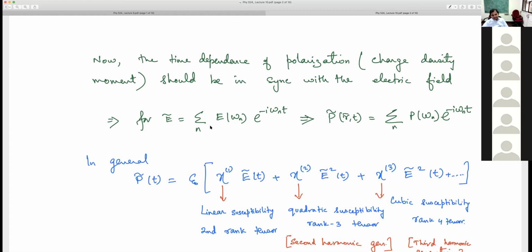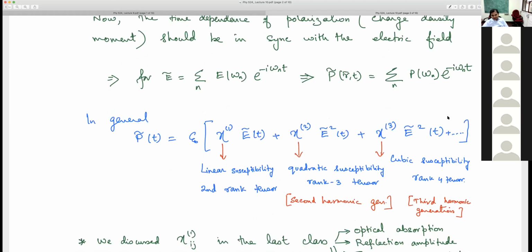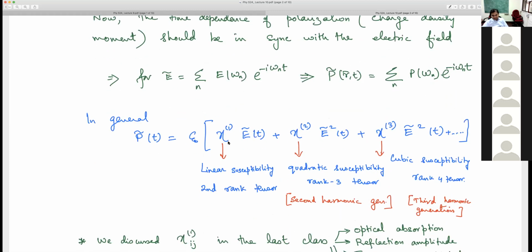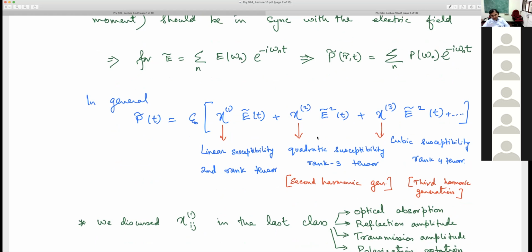So if E is given like this, let's say, E_n e to the power i omega n t, then all the polarization terms should also be given in a similar format. Okay. So this polarization P as a function of time, in general, I can write in this particular form.